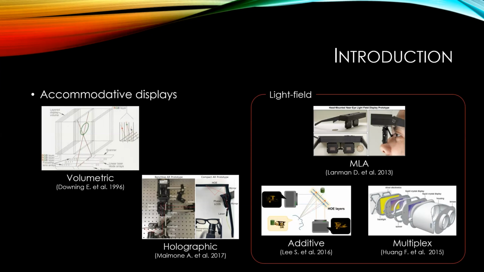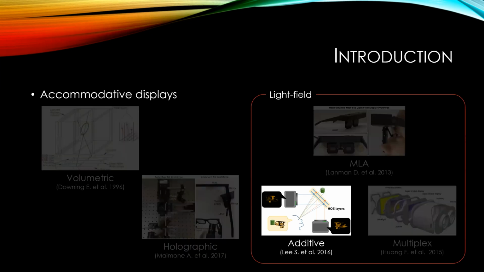The multiplex and additive light field displays both use a multi-layer structure. The difference is the way the layers are combined. The layers in the multiplex design are constructed to attenuate the passing light, while the layers are constructed to add light in the additive design. In our work, we focus on the additive light field display.